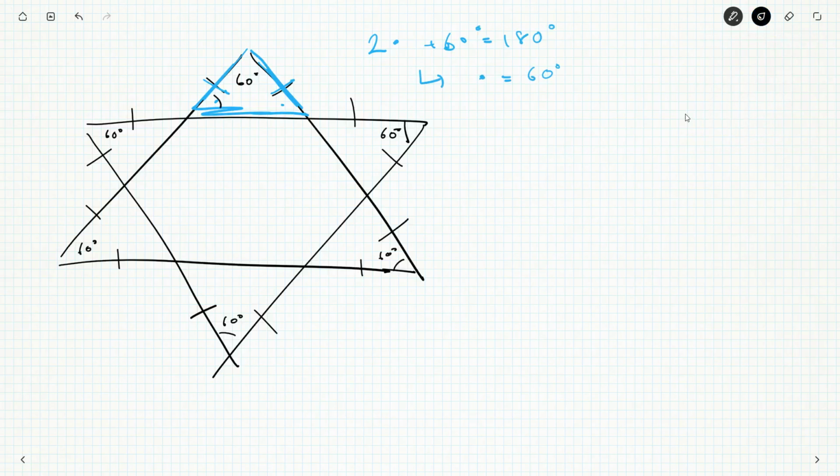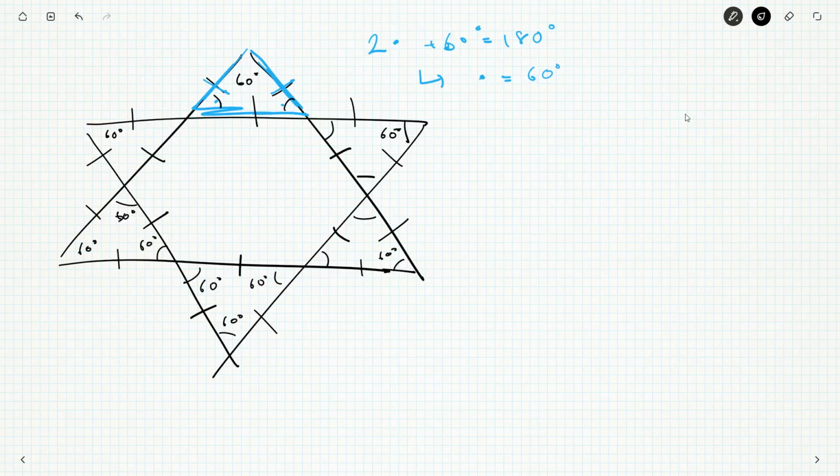So that tells me these angles are 60 degrees, 60, 60, 60, all over the place. But if these are all 60 degrees, that makes them equilateral triangles, and so this length is the same all the way through. Okay. So, lots of equilateral triangles here.